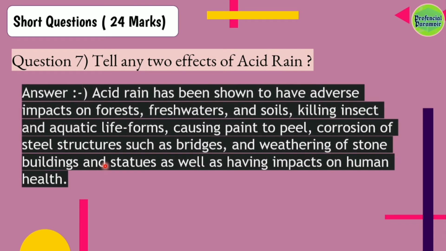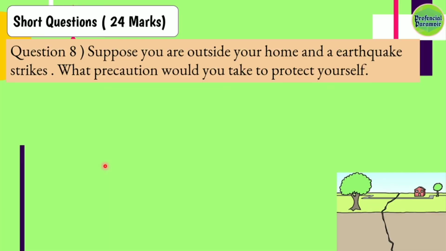Acid rain has been shown to have adverse impact on forests, freshwaters and soils, killing insect and aquatic life forms, causing paint to peel, corrosion of steel structures such as bridges, and weathering of stone buildings and statues, as well as having impacts on human health.